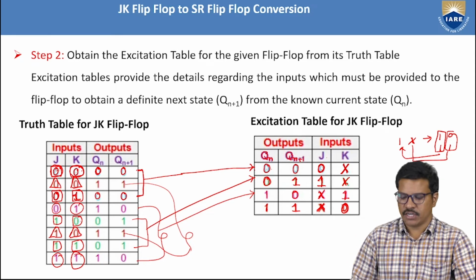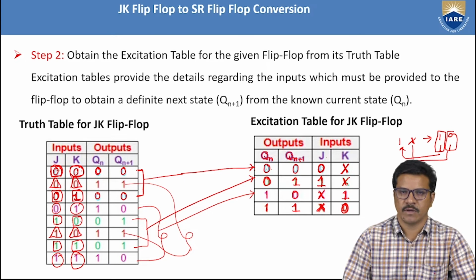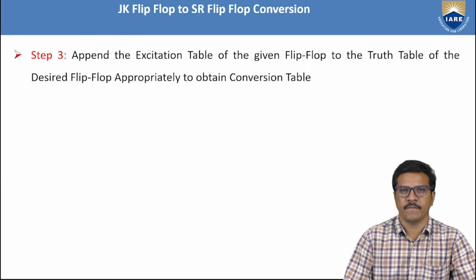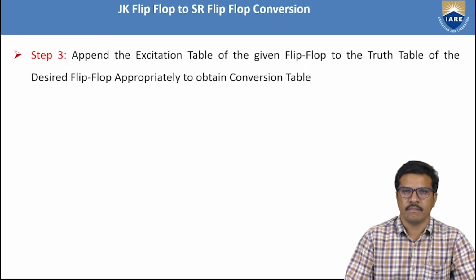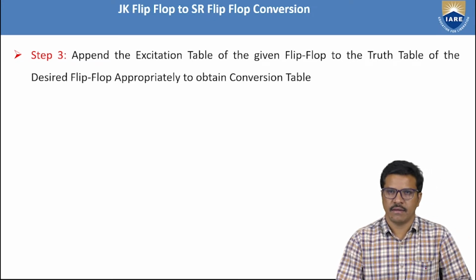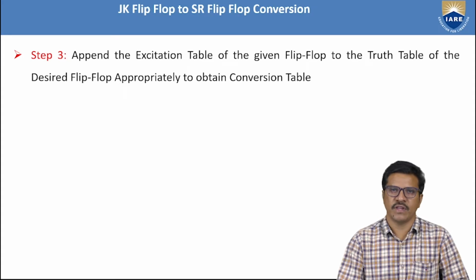From this excitation table, in the third step, we will achieve the conversion. Coming to the third step, append the excitation table of the given flip-flop to the truth table of the desired flip-flop.